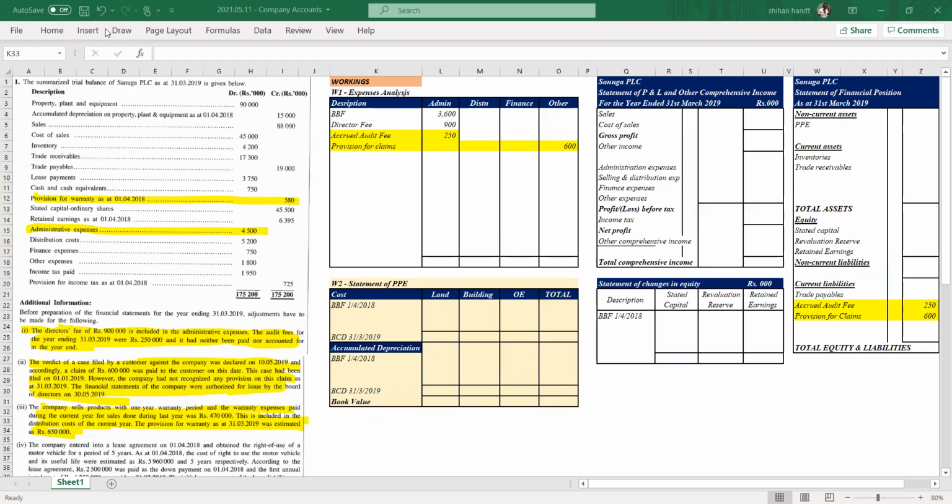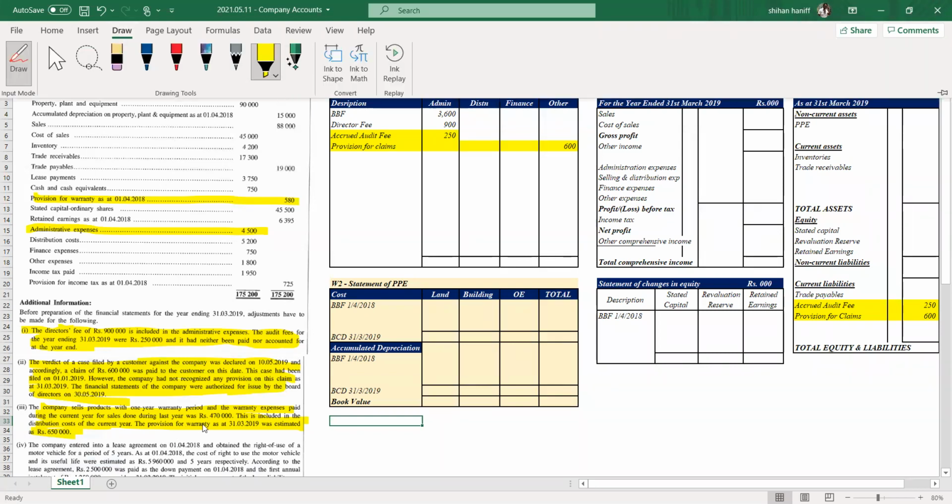So we need to find out the warranty expense. The payment of warranty, which is 470, was included in the distribution cost.